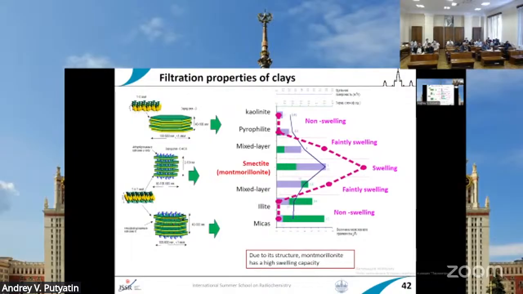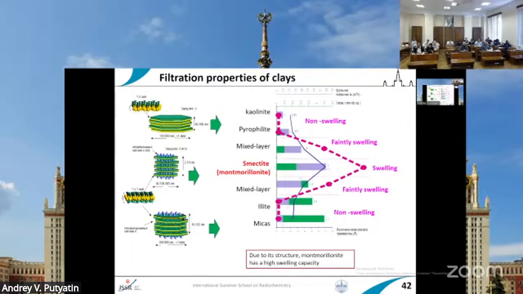And it can be clearly seen that the clay materials with a high content of smectite or montmorillonite have very high swelling pressure. That means that when water contacts this material, it will increase its volume very rapidly, by very large values.